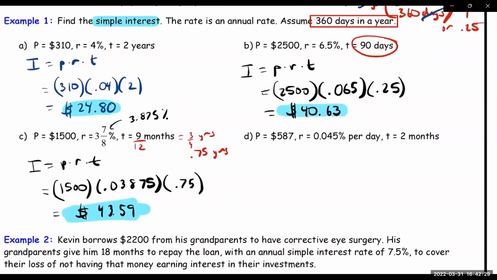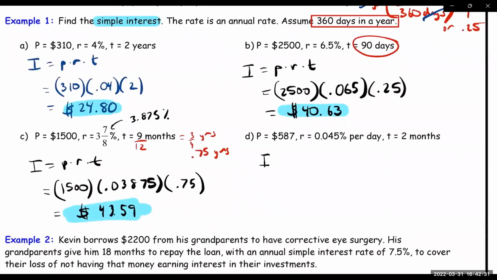All right, the last one of this type would be same old thing, right? So 587 times, don't forget to move the decimal 2 spaces. Whenever you see a percent sign, you should always move it 2 spaces to the left.